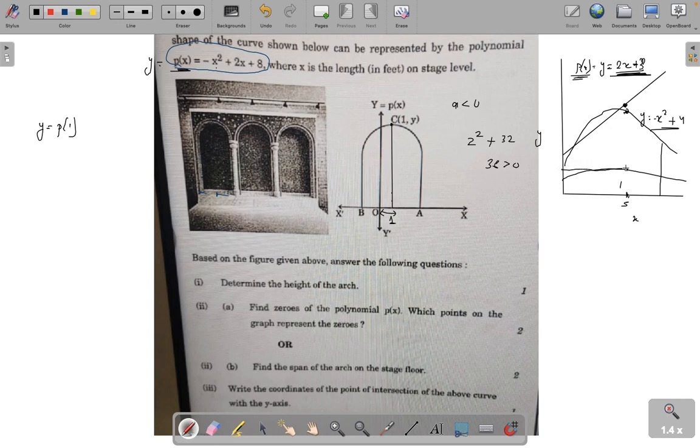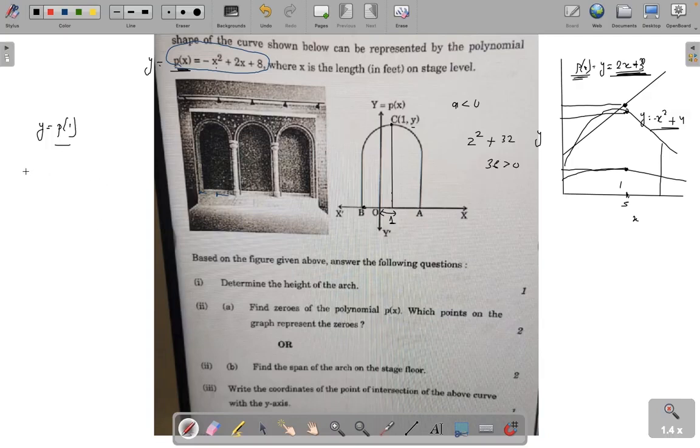So based on the equation, you'll get different values of y if you plug in the value of x. Now you'll just substitute 1 and you'll get this value of y. See, at this point, if you substitute the value of x, you'll get 0. At this point, you'll also get 0. So that is why these are known as roots.